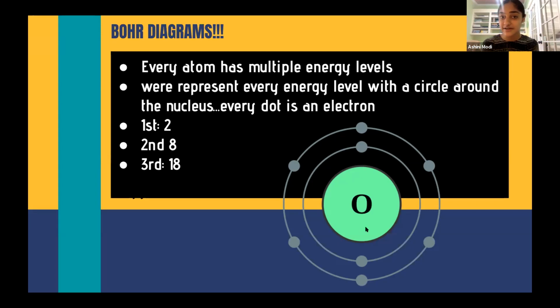So as you can see here, here's the Bohr diagram of oxygen. In the beginning of drawing a Bohr diagram, you have to draw the symbol of the element in the center. The symbol of oxygen is O. We know that oxygen has 8 electrons because the number 8 is its atomic number on the periodic table.